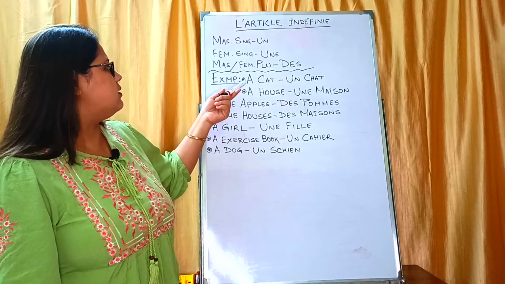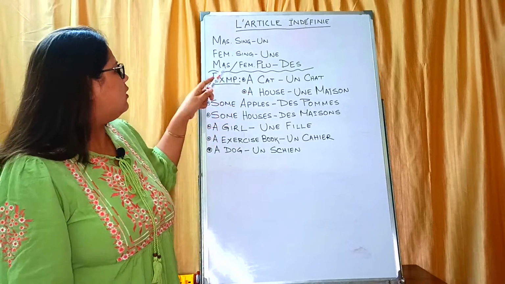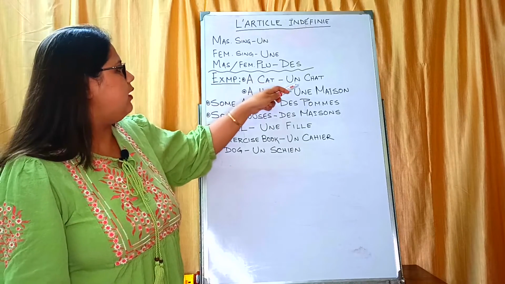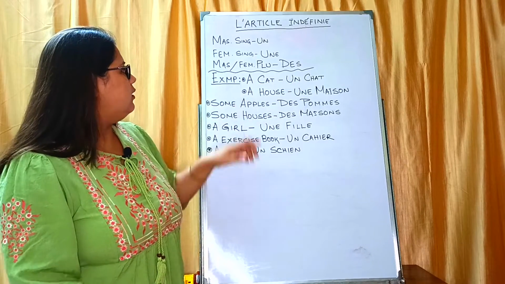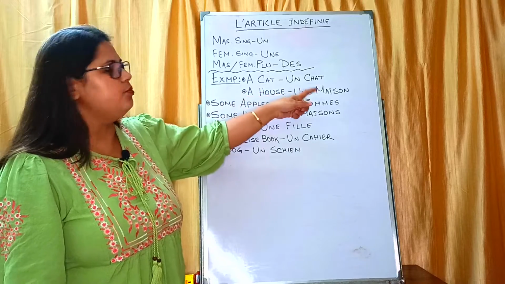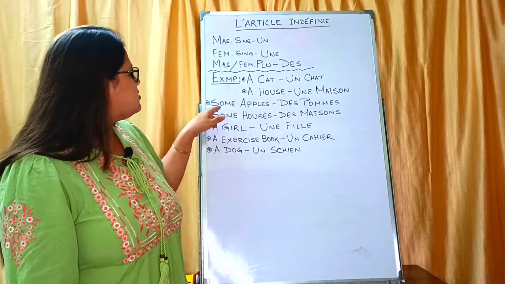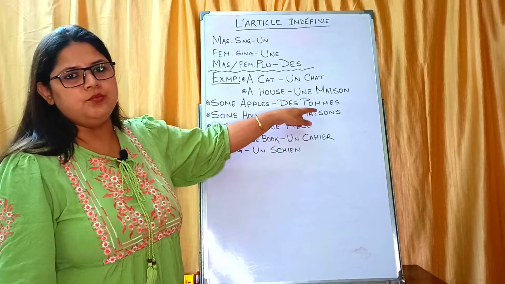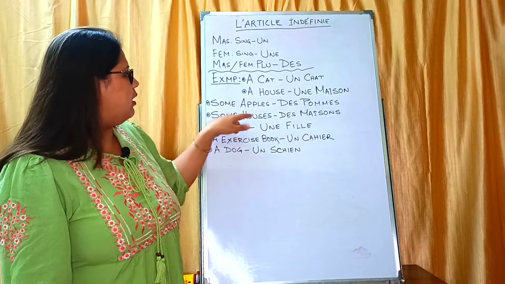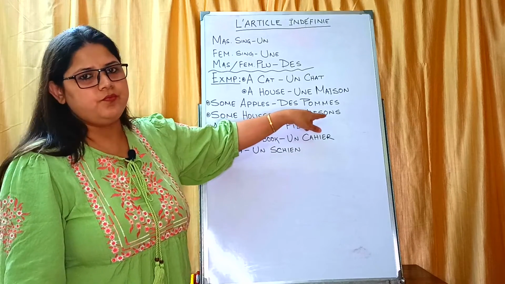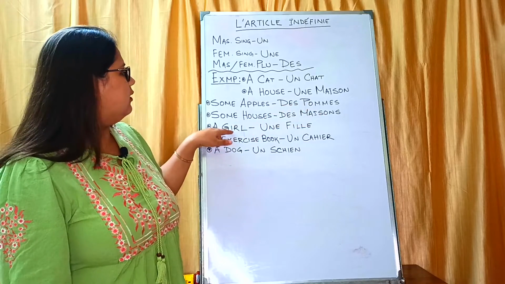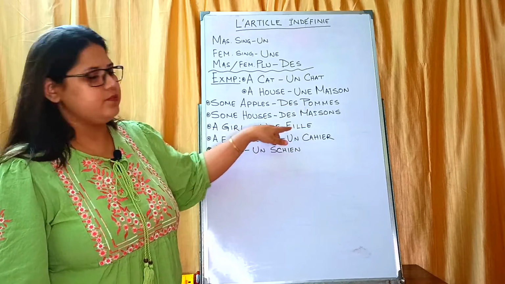Just I'm giving you some examples to understand. A cat, un chat. A house, une maison. Some apples, des pommes. Some houses, des maisons. A girl, une fille.